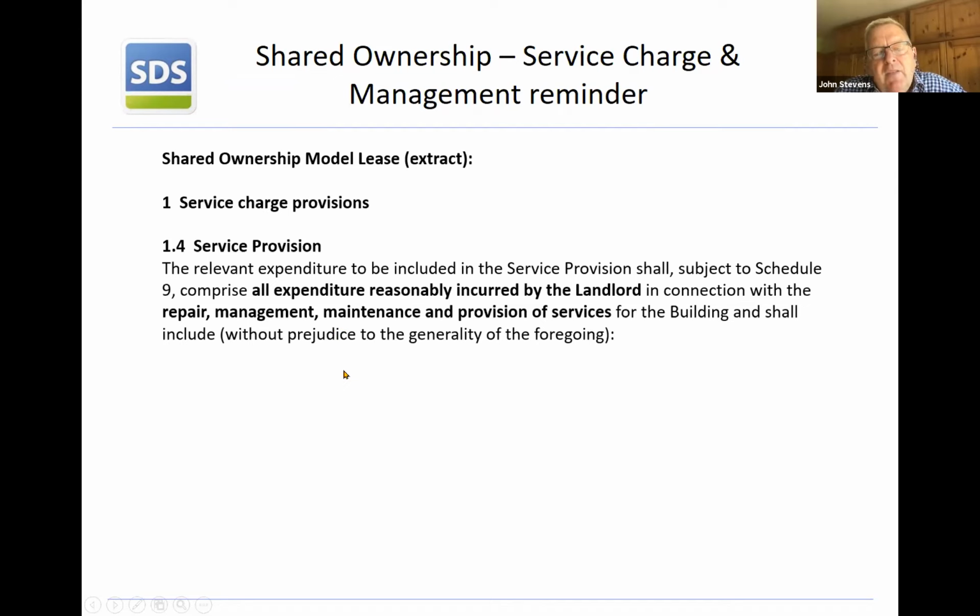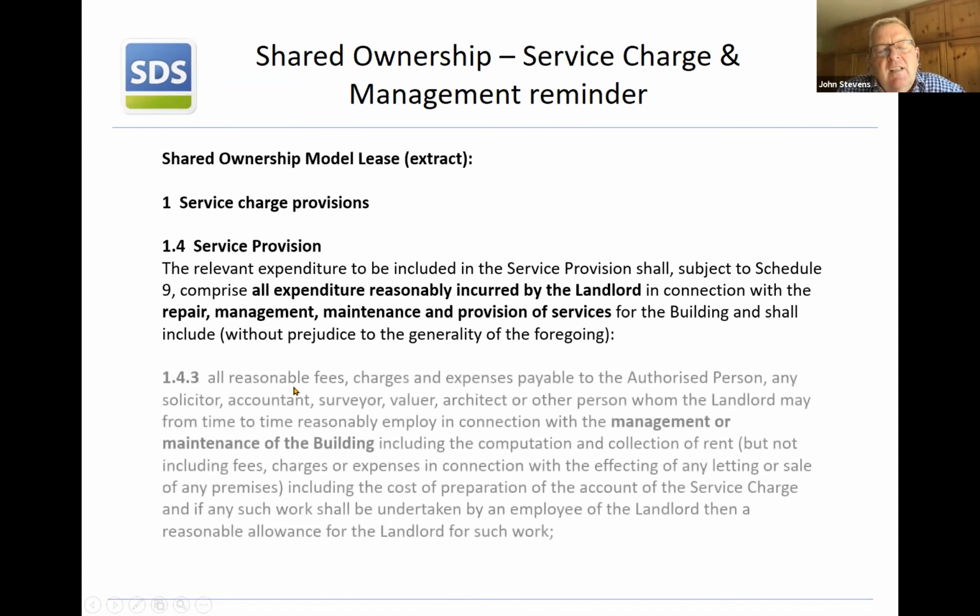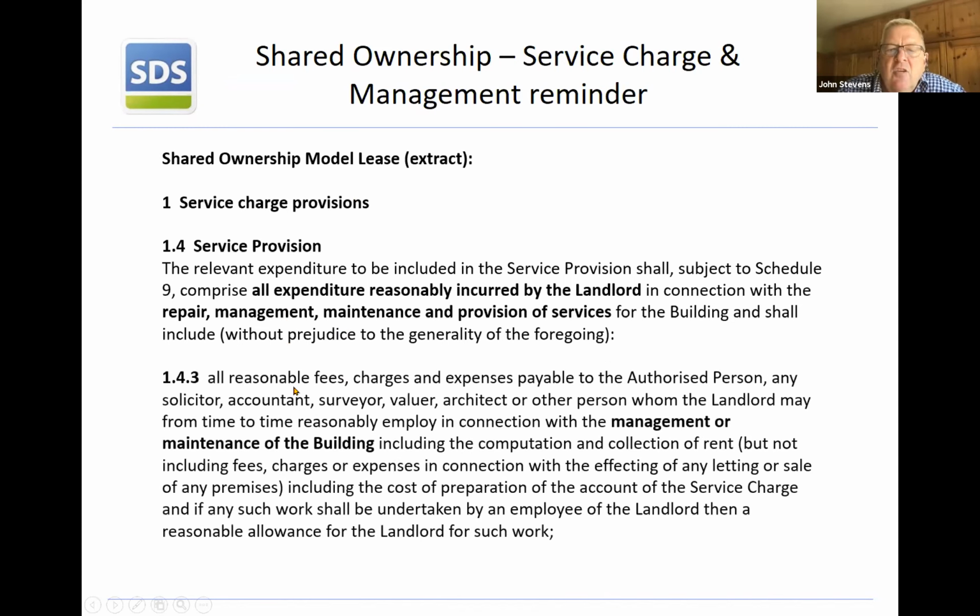So think about it when you're putting your shared ownership units through Proval: am I showing a management cost in the management row? No, you should be showing it in the service cost. This is what the lease actually says, that management and maintenance of the building should be wrapped up in the service cost, not in the management row of Proval.